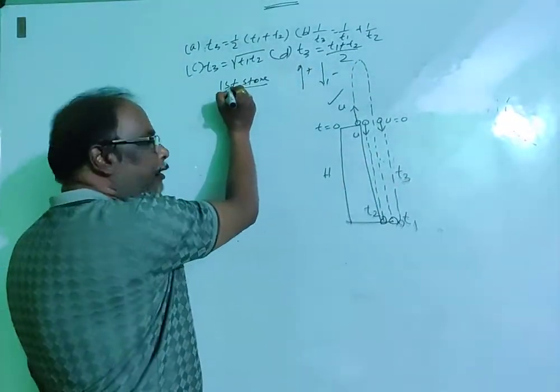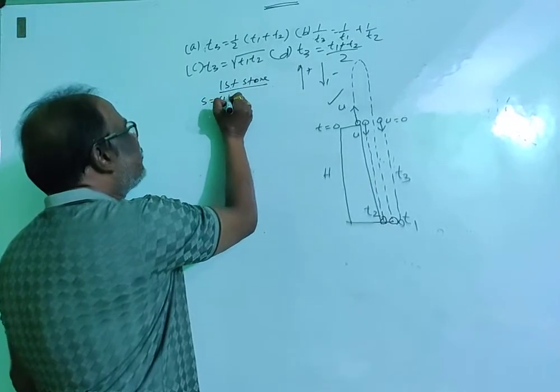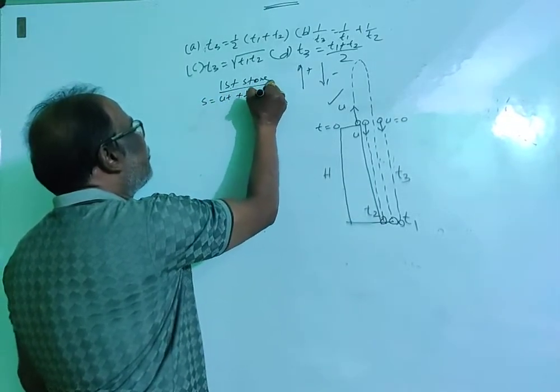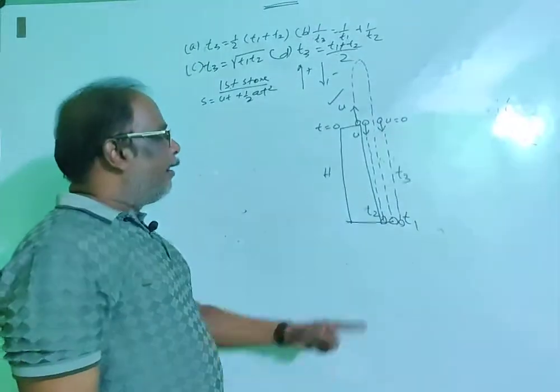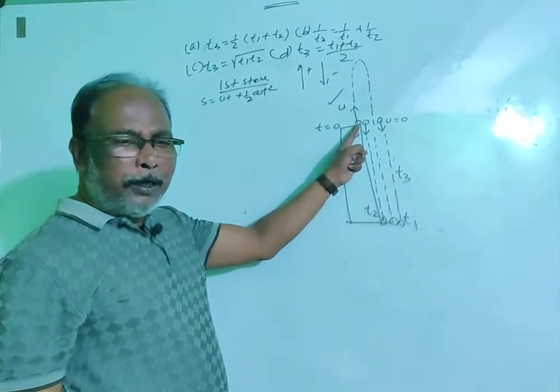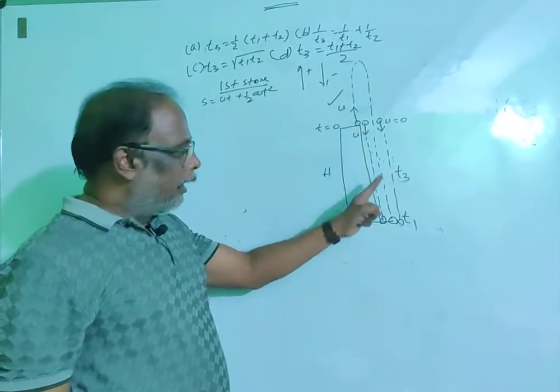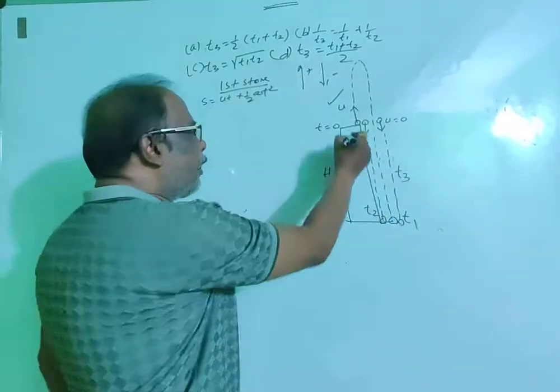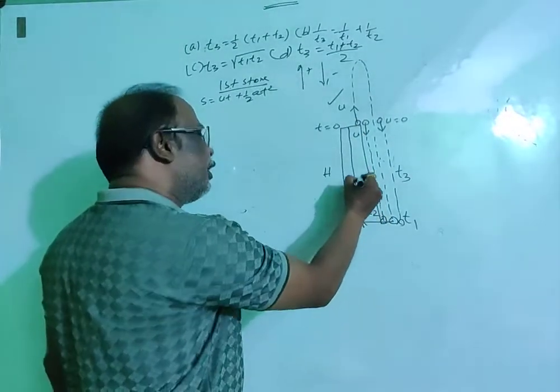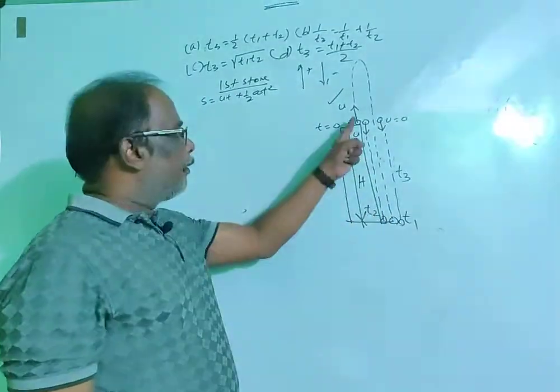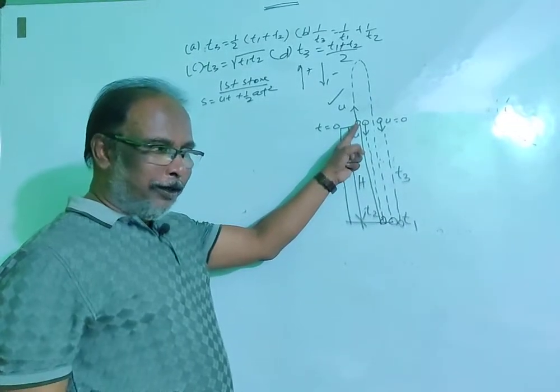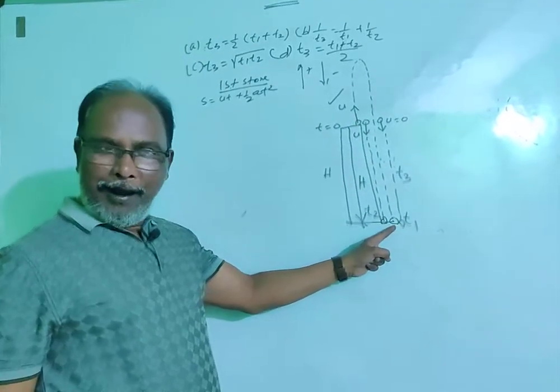Thus for the first stone use the equation s is equal to ut plus half at square. See, the stone starts from the top of the building and reaches the ground. So vertical displacement is H. This is the initial position and the ground is the final position.